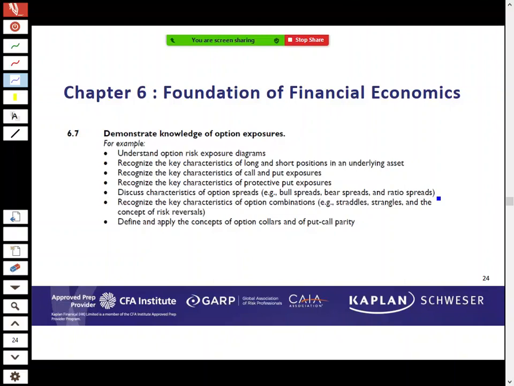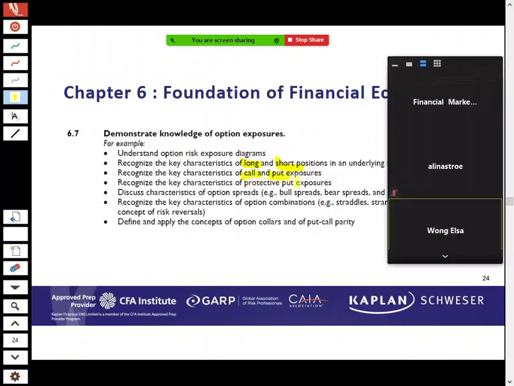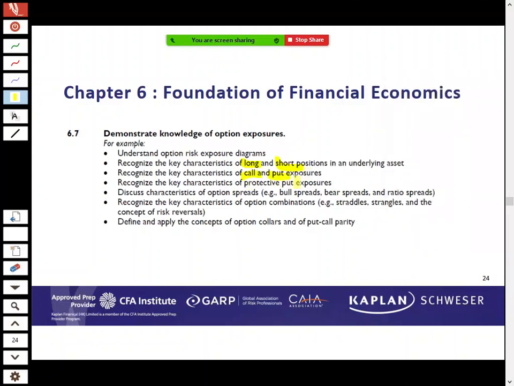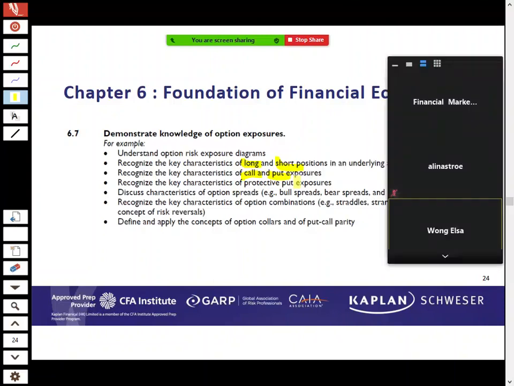So to understand this, we have to understand it from the foundation level, which means when using structured products, which might have embedded options, there might be long or short positions, call or put options. These are the building blocks for various kinds of structured products.